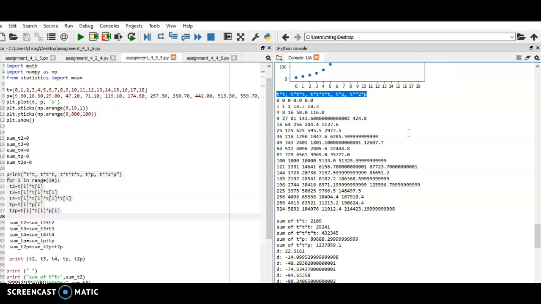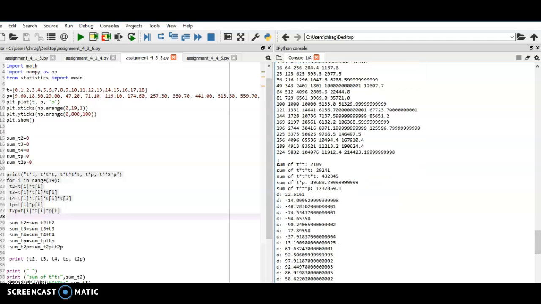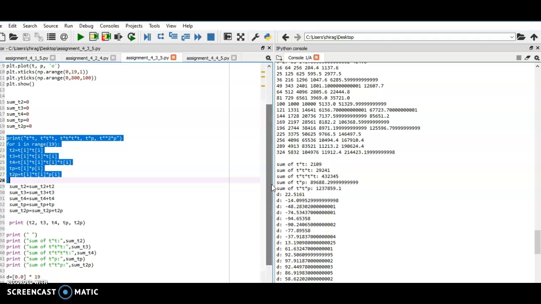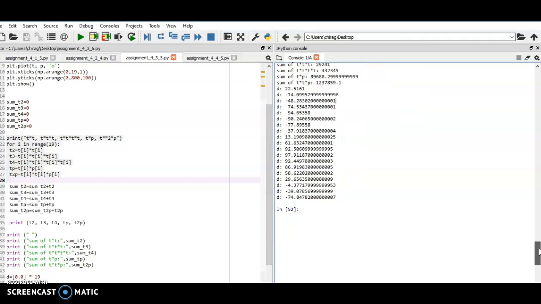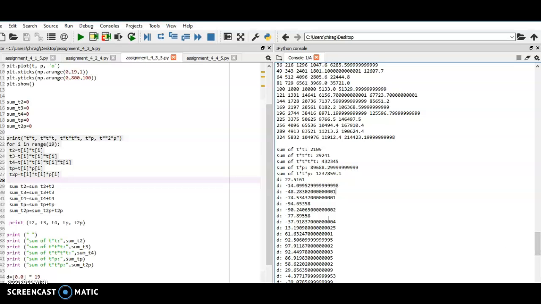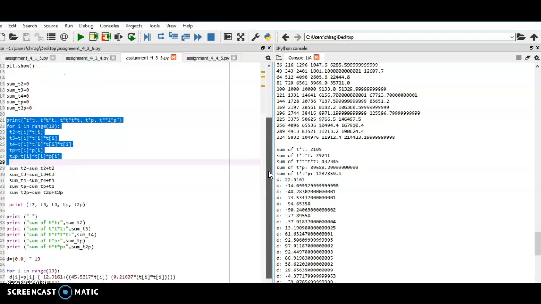Then we are creating the sum of all 5 parameters. When we plug this into the equation, we get the values a equals minus 12.91, b equals 45.53, and c equals minus 0.216.